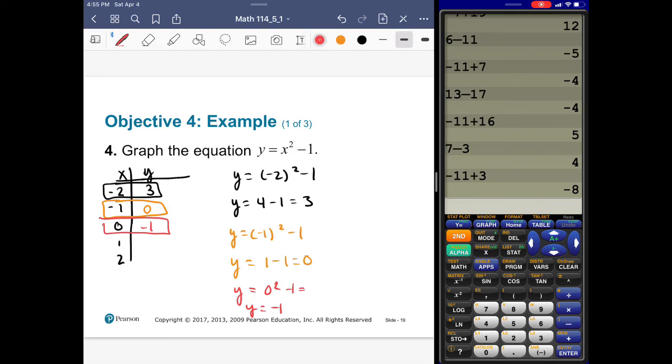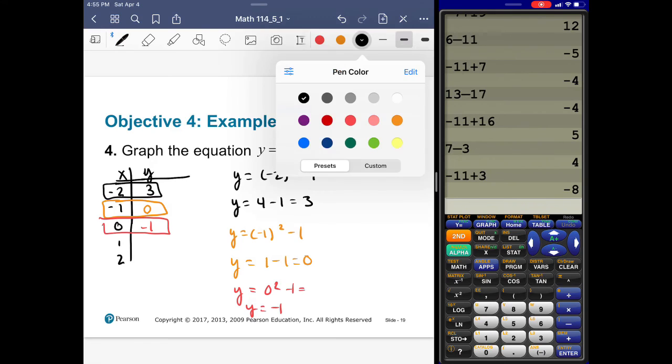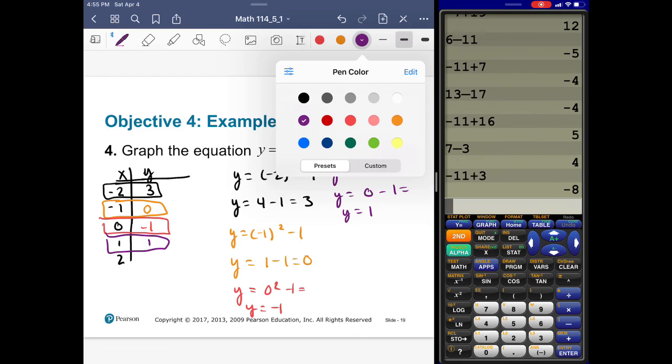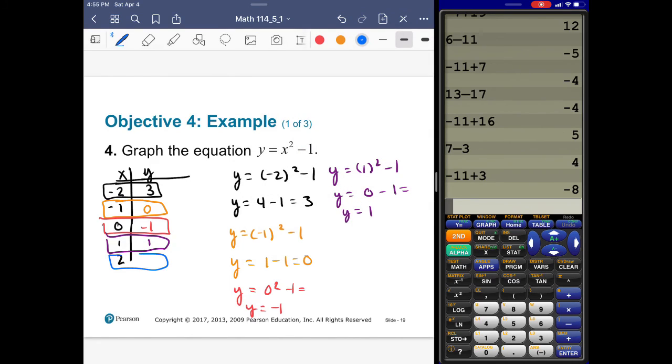So I have y is equal to -1. Then I'm going to be using y equals 1 squared minus 1, which equals 0. And finally, for this one, we're going to use that.